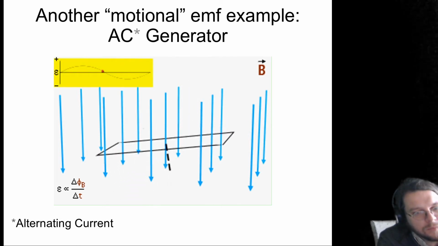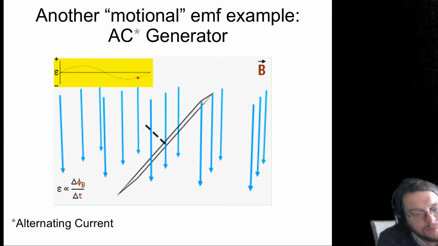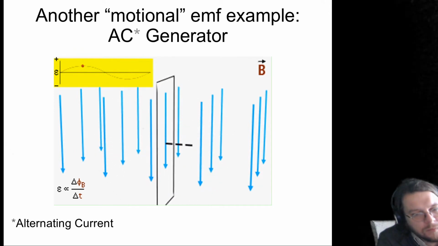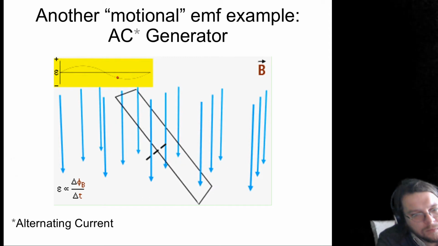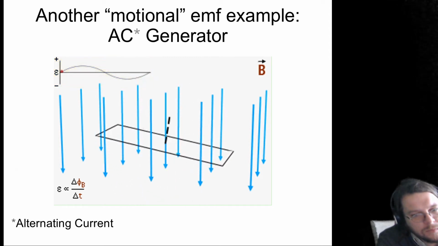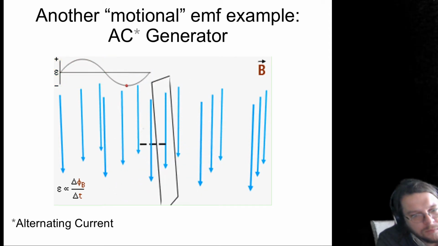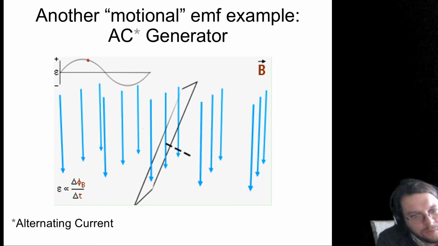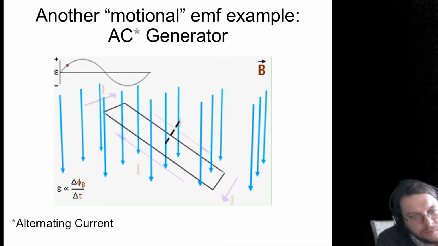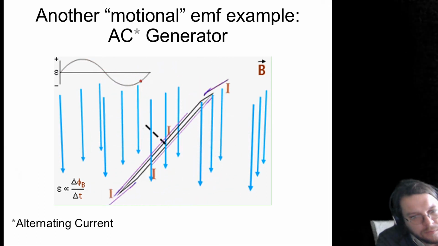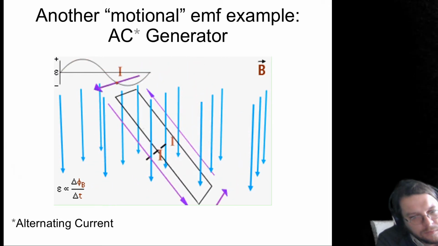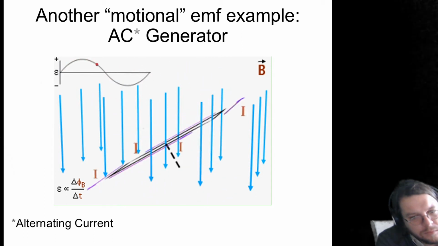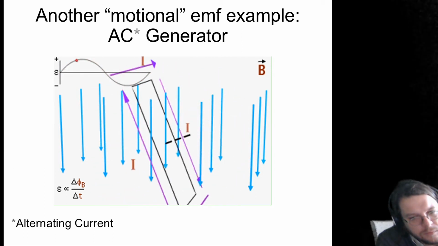The induced EMF alternates between the positive and negative directions as the loop flips over with respect to the field. If the loop rotates faster, the amplitude of the EMF will be greater because the flux through the loop changes more rapidly. This method of rotating a loop in a magnetic field is used to generate the alternating current that supplies power to our homes.